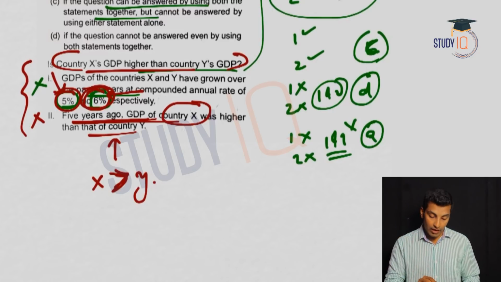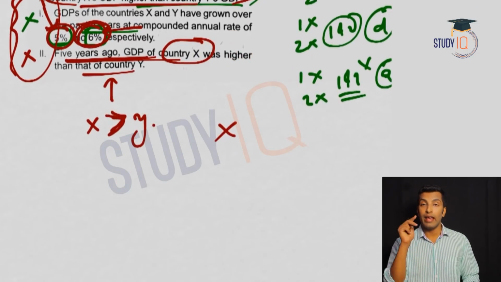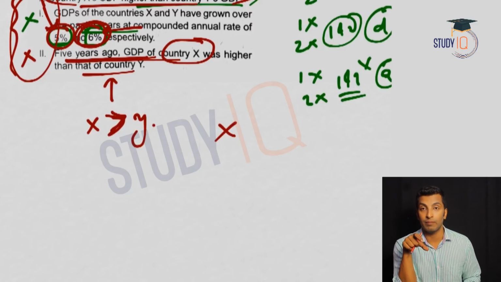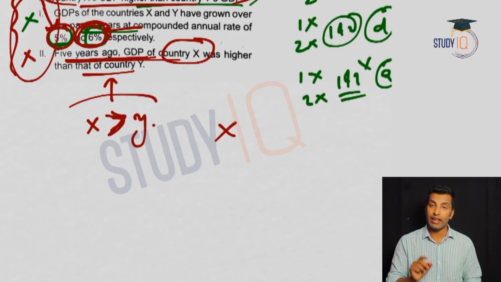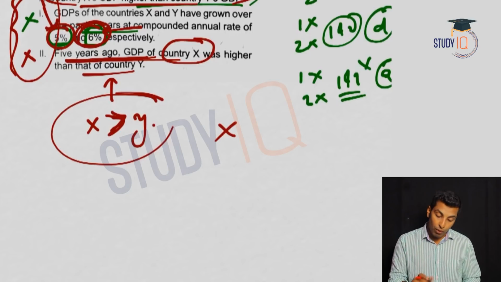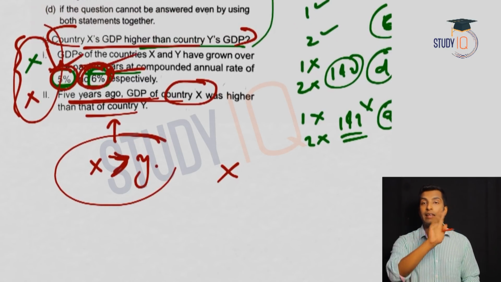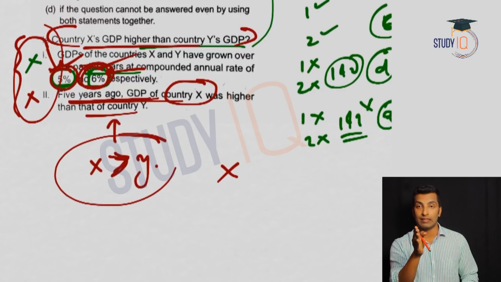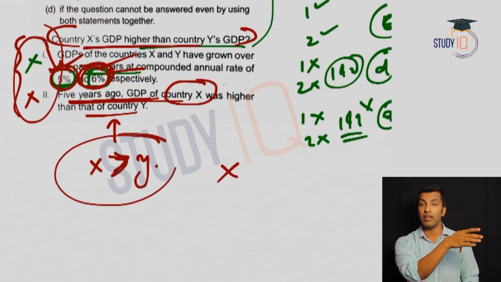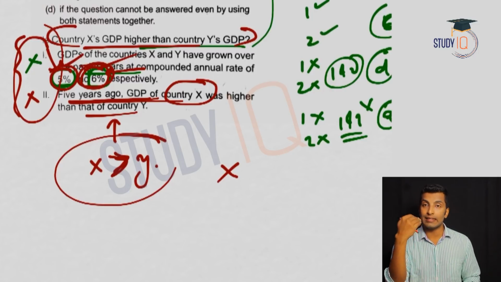So the point is, even if you combine these two, you can't answer this question. You can't say whether X is greater than Y or Y is greater than X at present. Why? Because we know X was definitely greater than Y 5 years ago. If both were growing at 5%, we could say X is greater. But here they are growing at 5 and 6. If X was very high, then even though Y is growing at 6 and X at 5, Y may still be less.